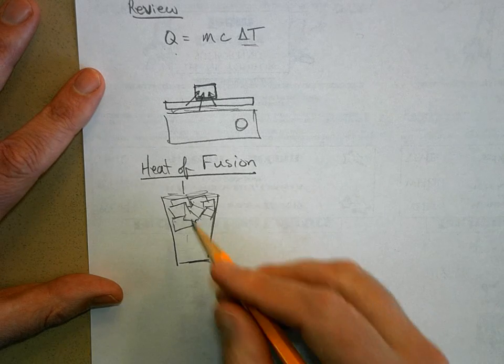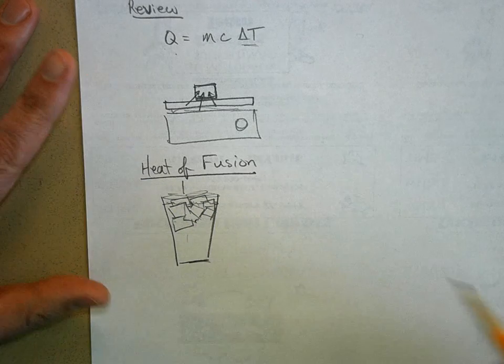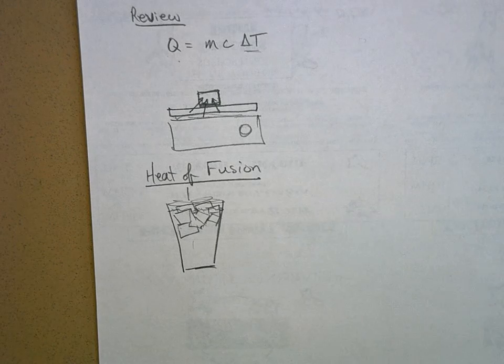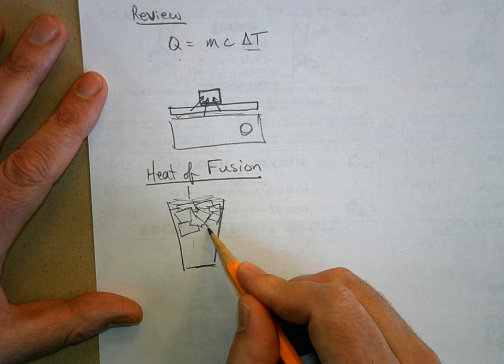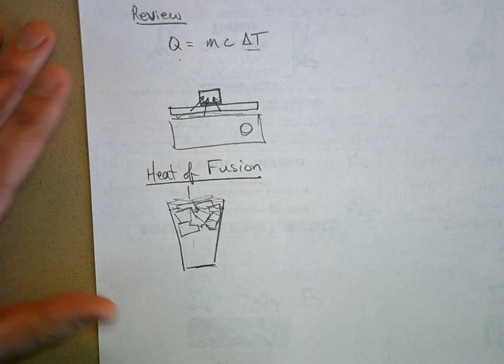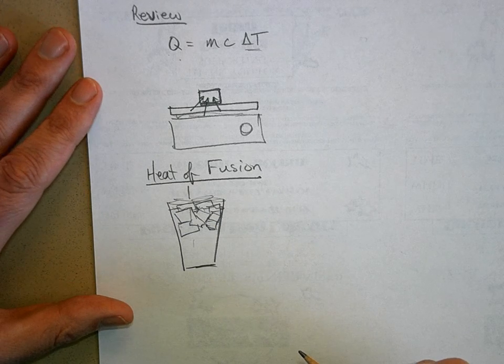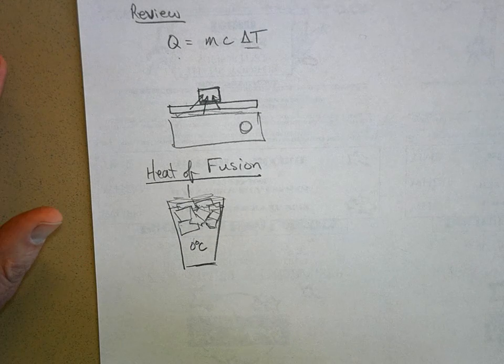Anyway, so here's our drink, which is mostly water, and with sugar or artificial sweeteners and a few flavors or whatever are floating in that water. Now, what happens is that you have a temperature difference. In your drink, it's 0 degrees Celsius.